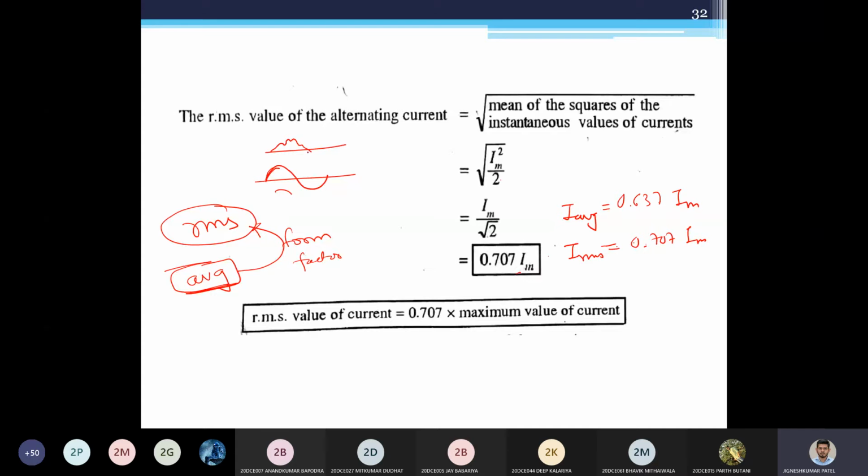We can have this kind of waveform. So it is very hard to find out the RMS value of this kind of wave. So first we find out the average value, and using the form factor we assume this would be the RMS value. We assume that just to nullify this rippling effect.